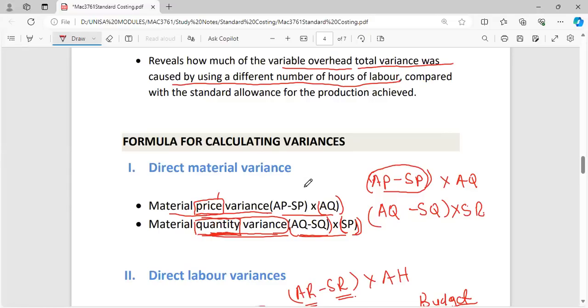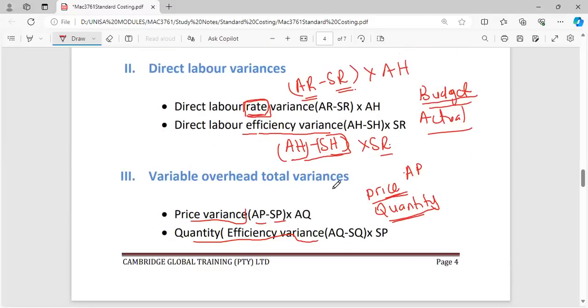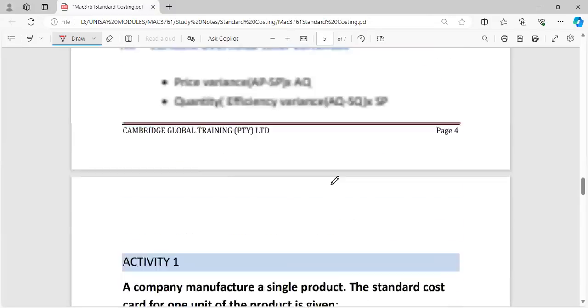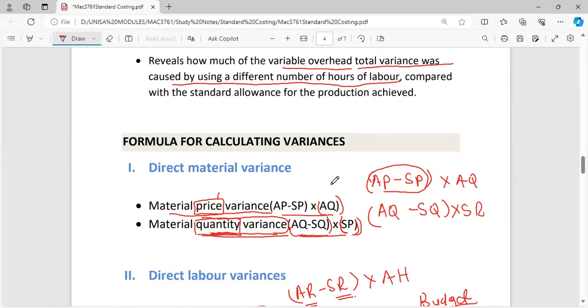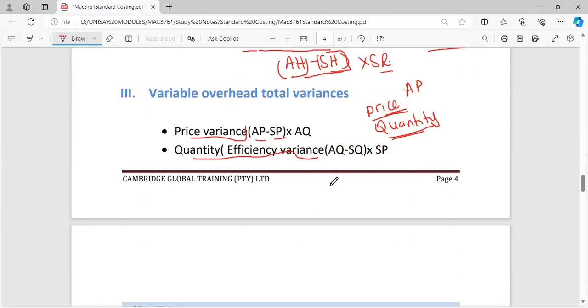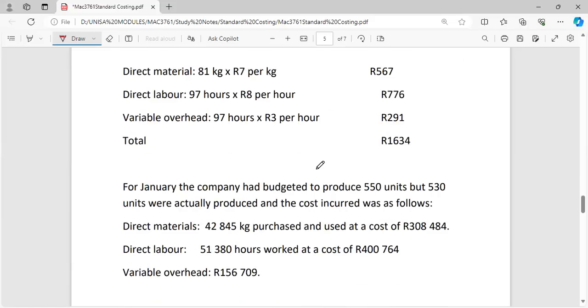If you did your 2601 very well, we did these variances there, right? I want us to look at this question to demonstrate. These questions are simple, for demonstration purposes. We will not have this in the exam.